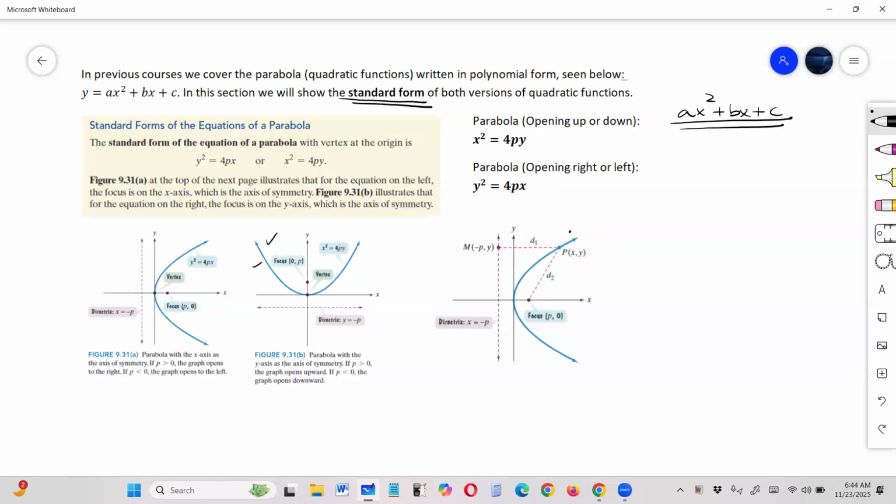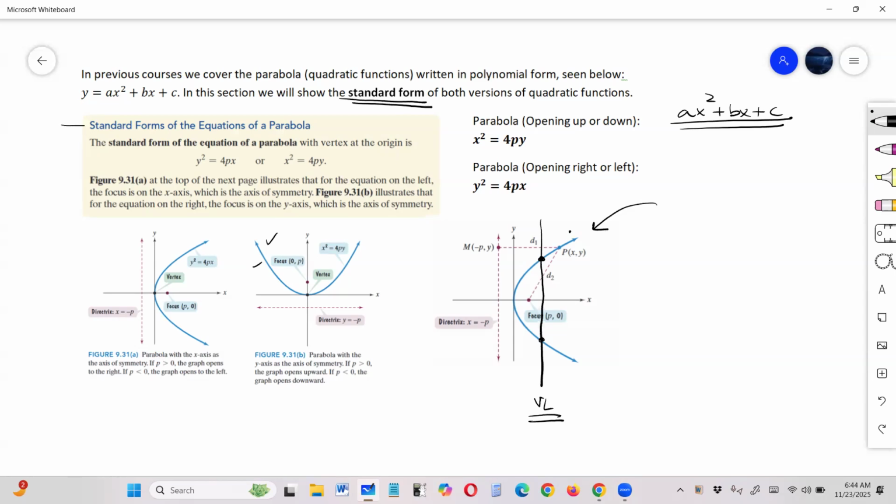Now, the one that opens right or left is not a function, as you can see, right? If I have a vertical line here, the vertical line intersects this curve in two locations, so that does not satisfy the vertical line test to determine if the graph is the graph of a function. So this is not a function, okay? But it's still a parabola nonetheless.